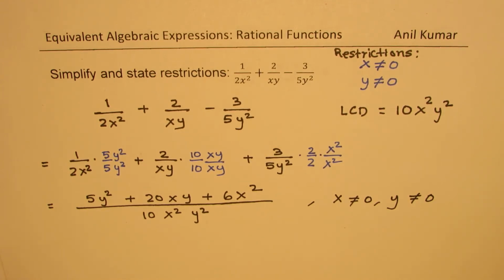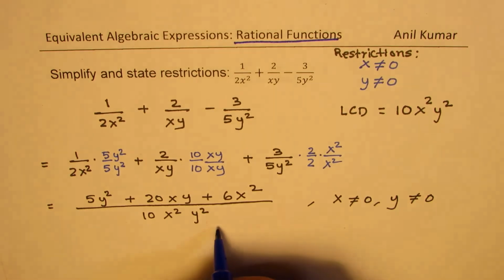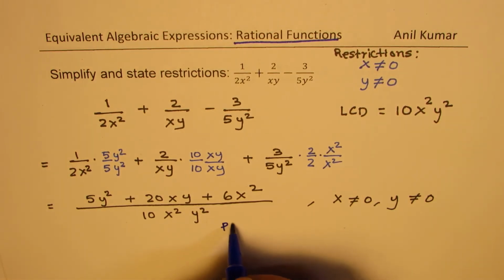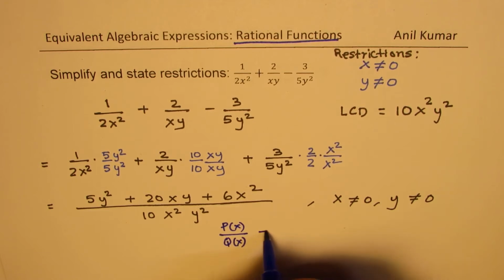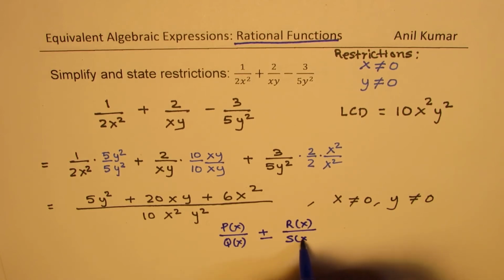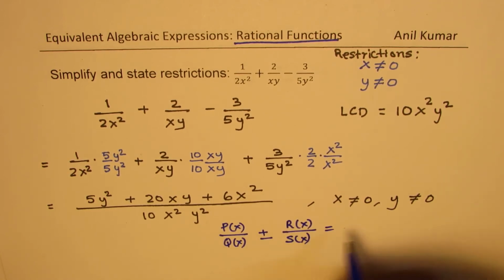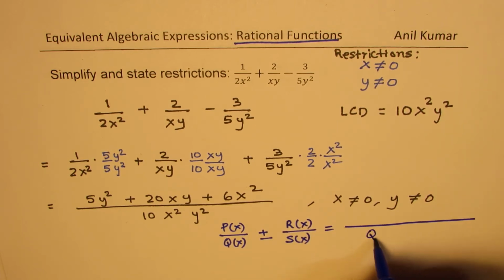Now let me also write a general rule here. So if we have a rational function of the form px over qx, and we are adding or subtracting some other rational function from it, let's say rx over sx, then in that case, in general, we could write it kind of like this. We could multiply the denominators if they don't have anything in common, right?